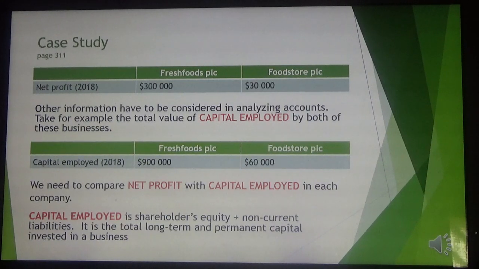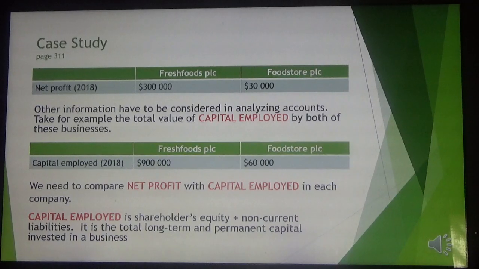So let's take, for example, the total value of capital employed by both these businesses. Capital employed is defined as the shareholders' equity plus non-current liabilities. It is the total long-term and permanent capital invested in a business. A businessman, a capitalist, when he or she invests an amount of money, it will be classified as a capital employed account.